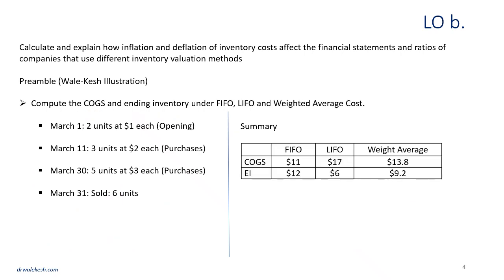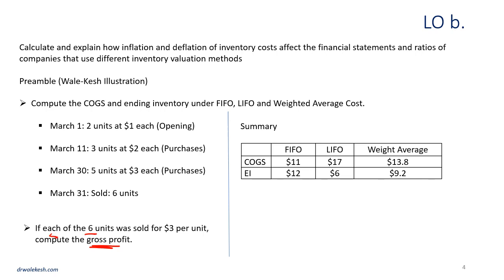On the previous slides, we computed the cost of goods sold and ending inventory under FIFO, LIFO, and weighted average cost. I have the solution summarized here, but for this slide, we're interested in computing the gross profit.